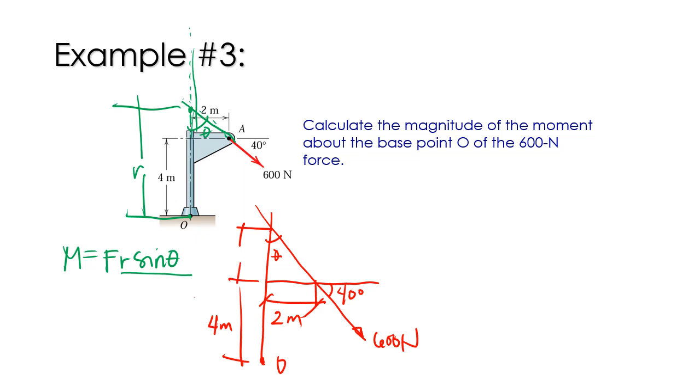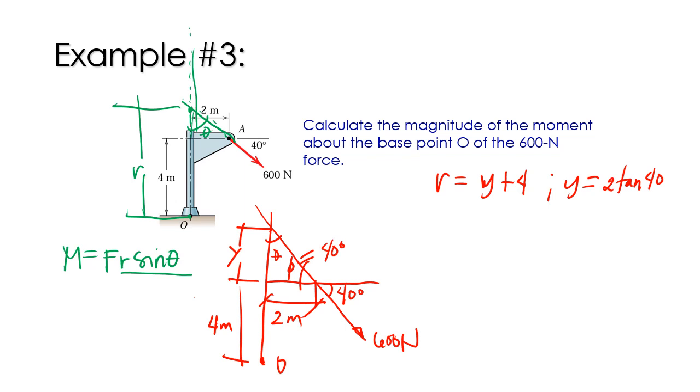Let this length be equal to our y. Then our r is equal to y plus 4. Since we have an angle of 40 degrees, we can say that this angle also is equal to 40 degrees. And we can get the value of y by the expression y is equal to 2 tan of 40.